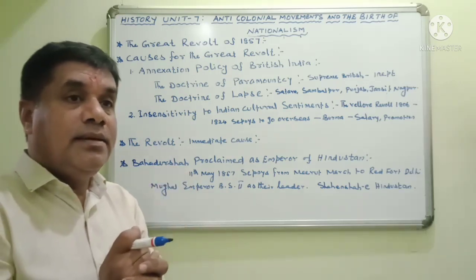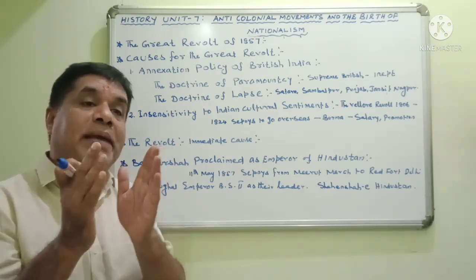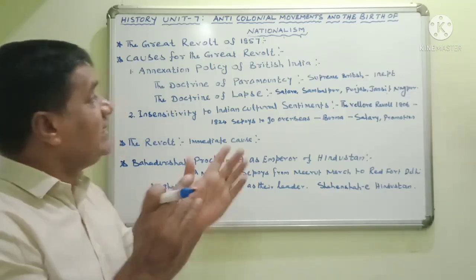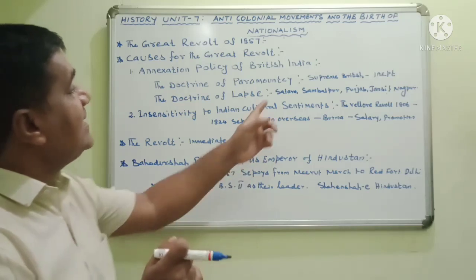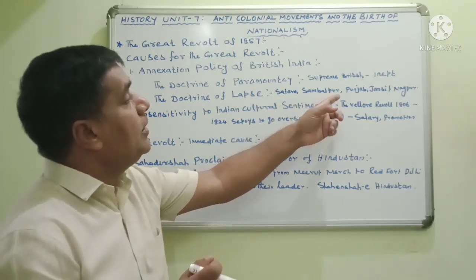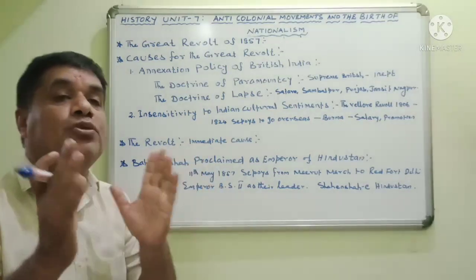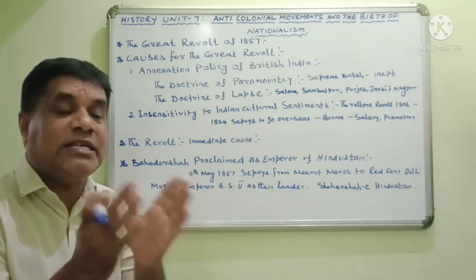According to that, in many places the rulers died without a male heir. Those places were Satara, Sambalpur, Punjab, Jhansi and Nagpur. These were all captured and annexed by the British.